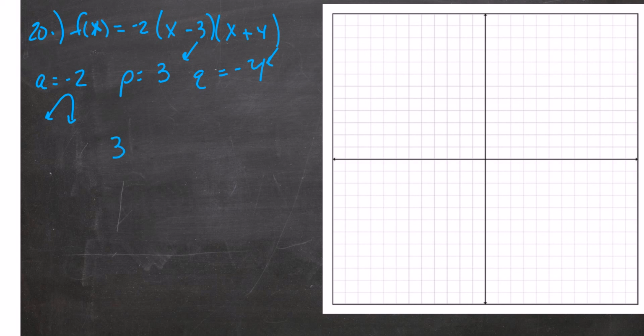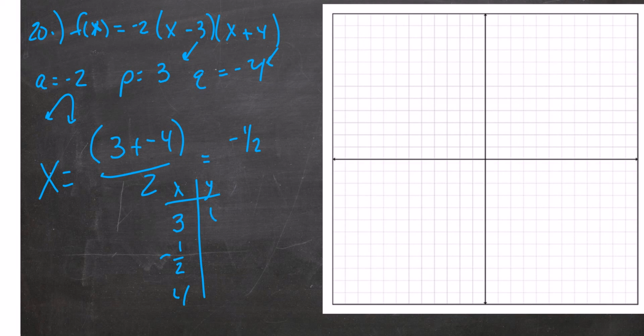So now I'm going to do 3 plus -4 all over 2. So that's your x equals. I'm going to get -1/2. Now I'm going to put 3, -1/2, and -4 on my xy chart. 0 for -3 and 4.